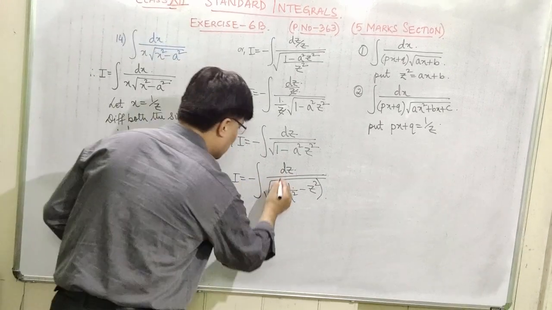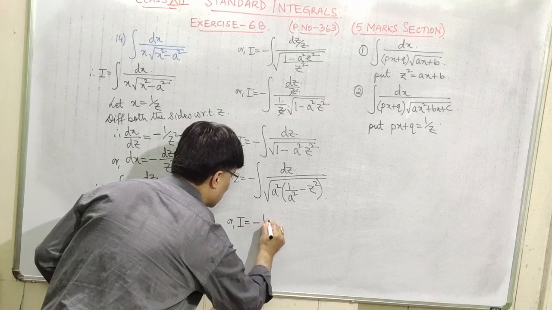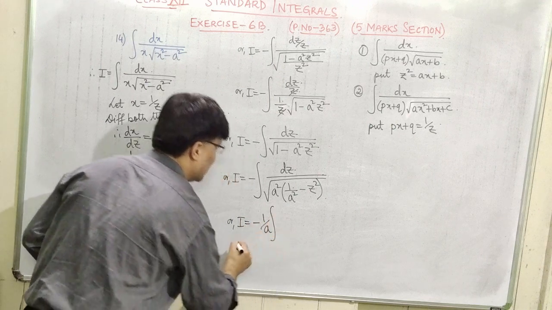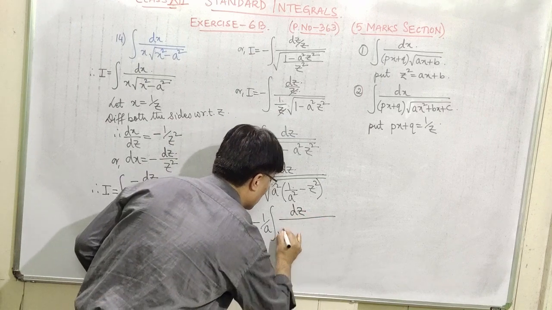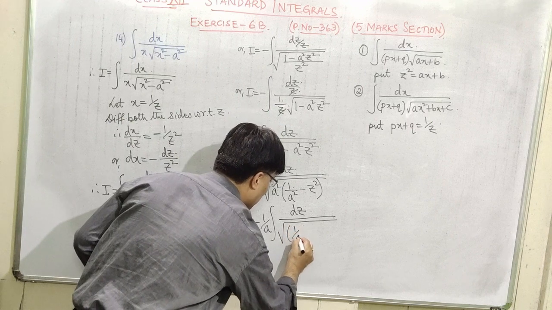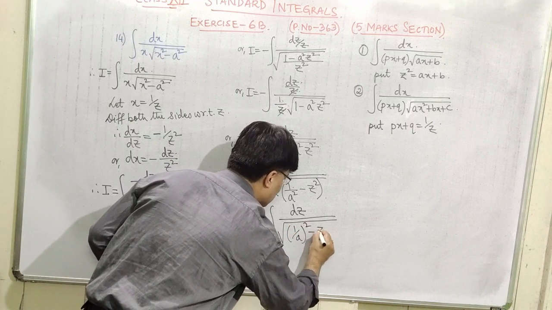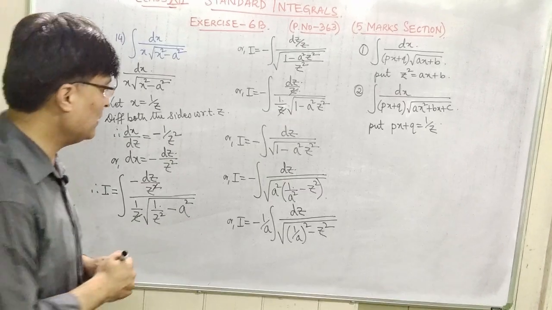So what is the square root of this a squared? That is 1 upon a, it is taken outside. I is equal to minus 1 upon a integration of dz divided by the square root of, it can be written as, 1 by a whole squared minus z squared. So I think you have understood it.